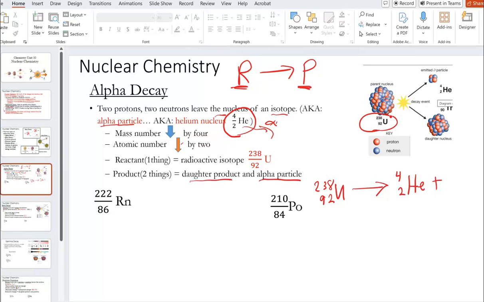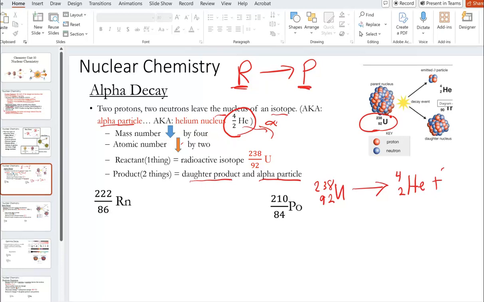So then the next thing, I know that my daughter product, compared to my original parent, is going to have a mass number that is 4 less than my parent, and an atomic number that is going to decrease by 2. So this is what I like to do. I just like to write the numbers. So my mass number decreases by 4.